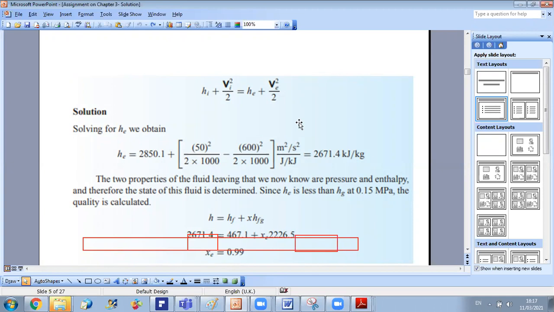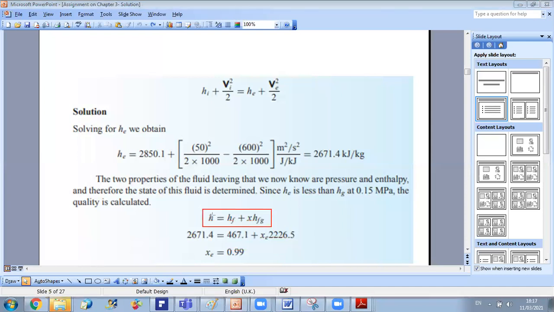Okay, so here, all I have to do is to replace in my equation of quality. I have H of the mixture is HF plus X times HFG, where HFG is the difference HG minus HF. So if I replace, I have the value of H. I get HF from the table, it's 467.1.